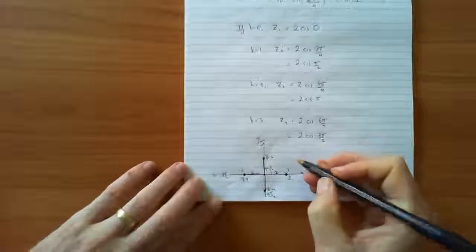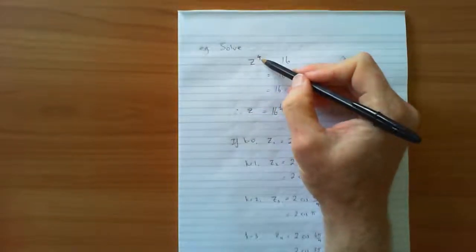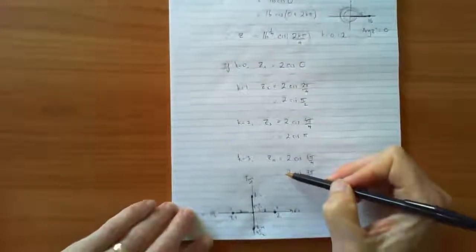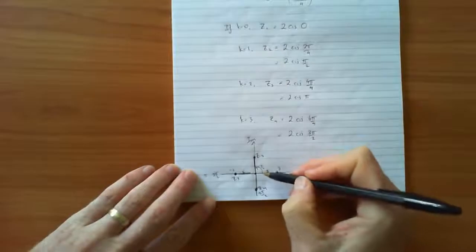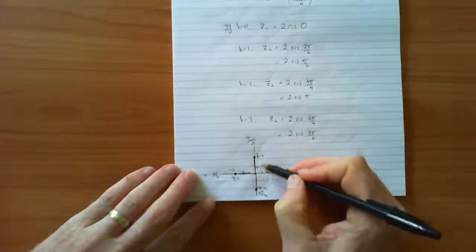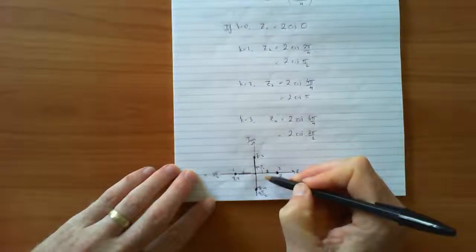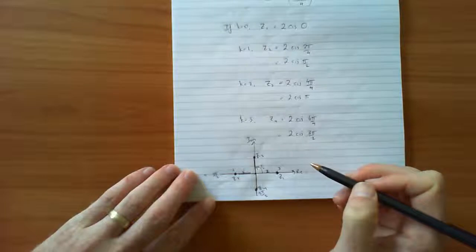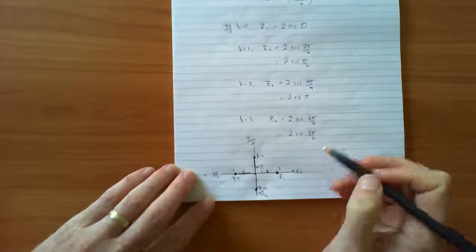Notice also that there needed to be 4 solutions, which we've got, and the 4 solutions are equally spaced around the circle. In this case it divides the circle up into 4, so it's 90 degrees between them.